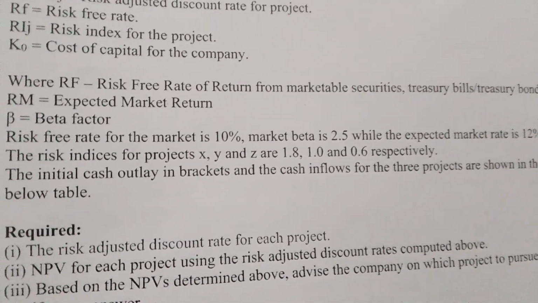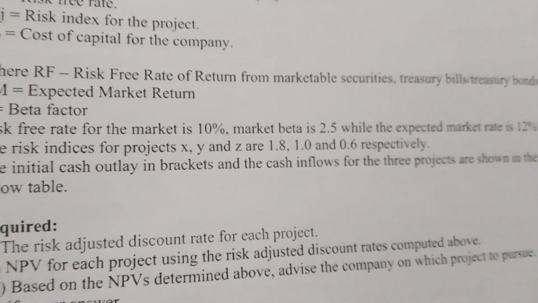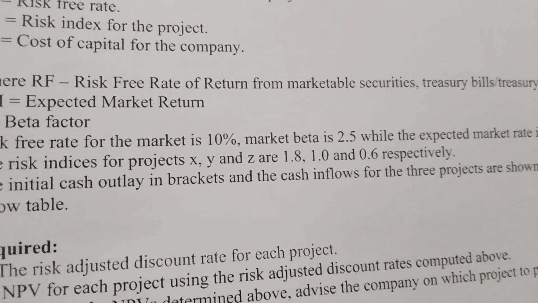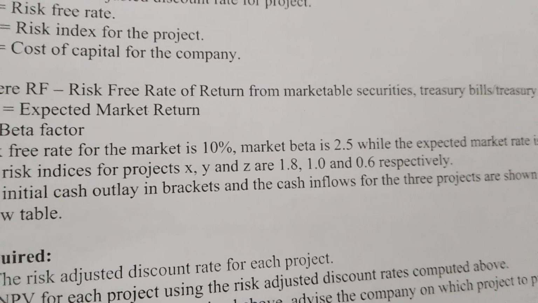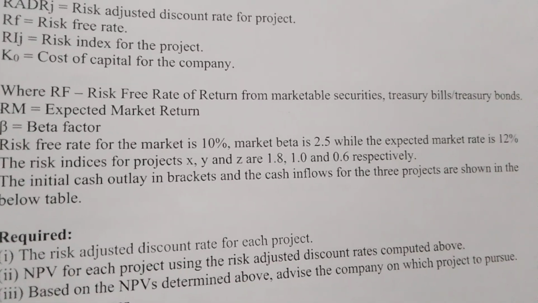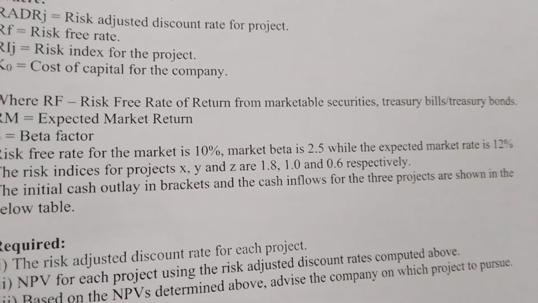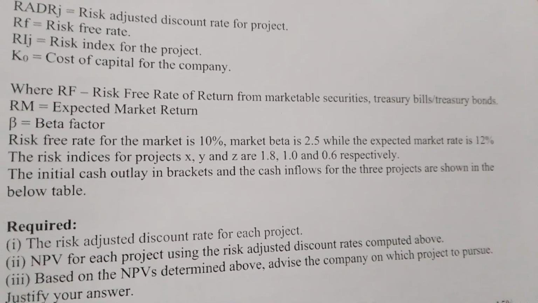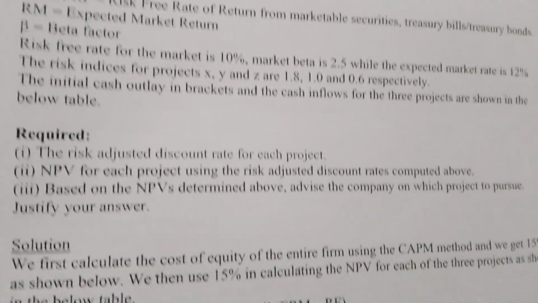Here the risk indices will represent the beta factor. So the beta factor for X is 1.8, the beta factor for Y is 1.0, and the beta factor for Z is 0.6. That's important.